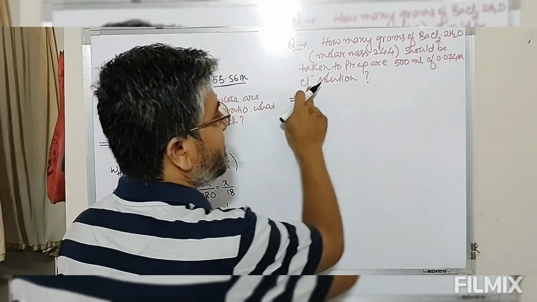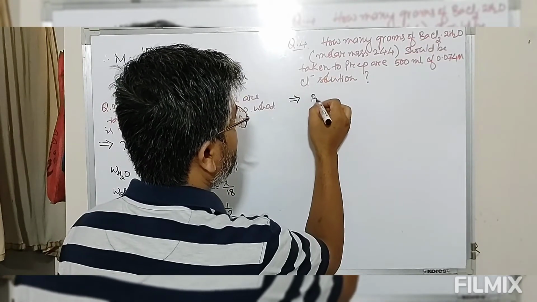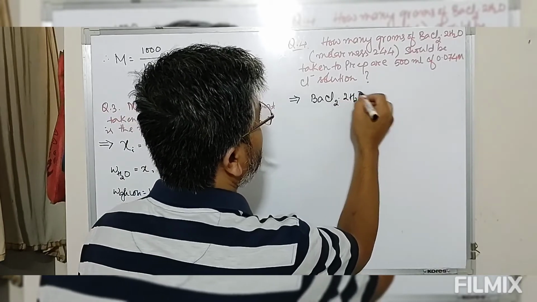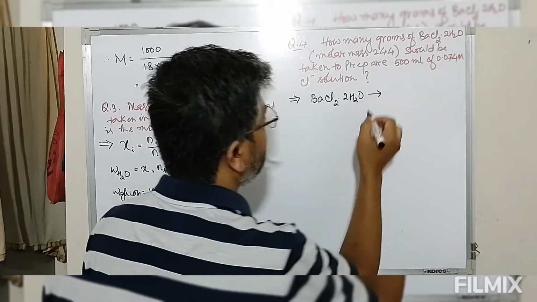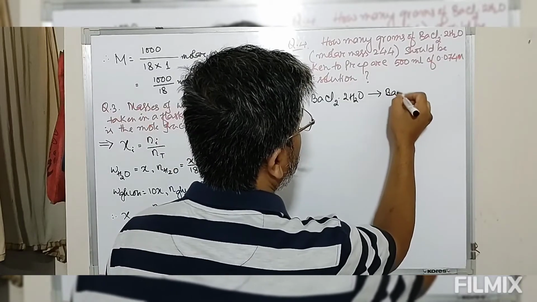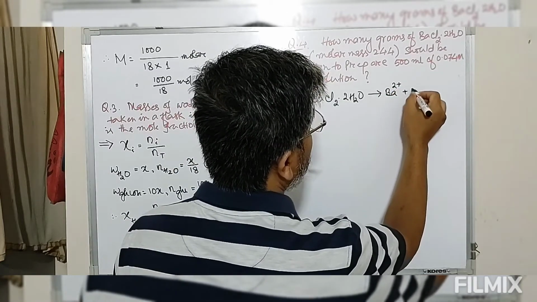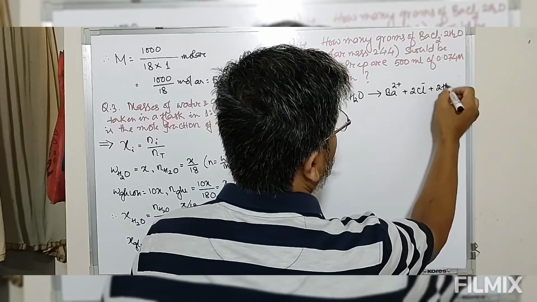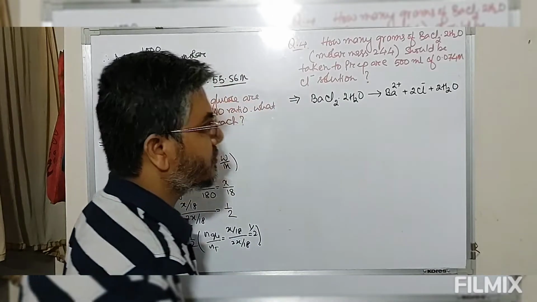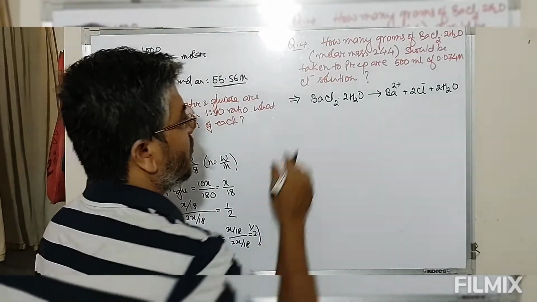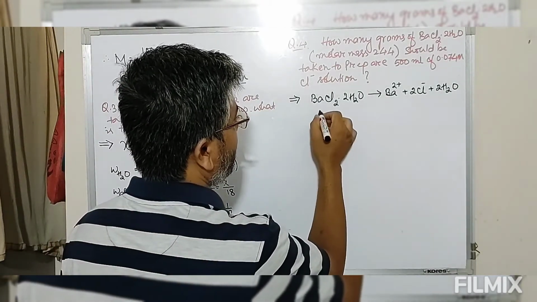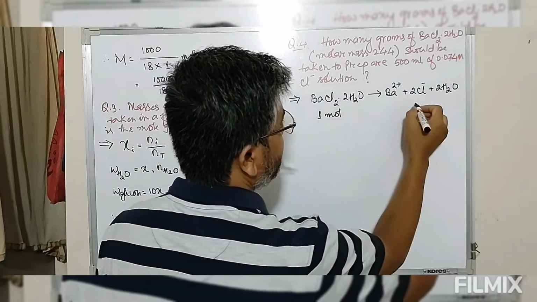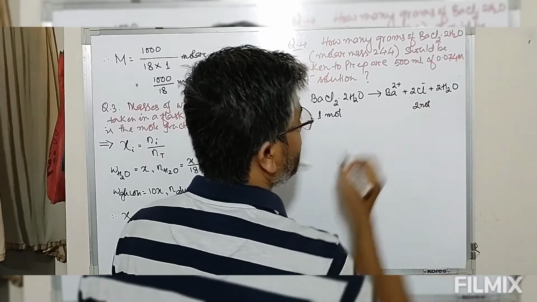Now look at this. This Cl minus is coming from barium chloride. Barium chloride dihydrate, on ionization, will give you barium plus 2 Cl minus plus 2 water molecules of crystallization. So look at this balanced reaction. 1 mole of this substance gives you 2 moles of Cl minus.